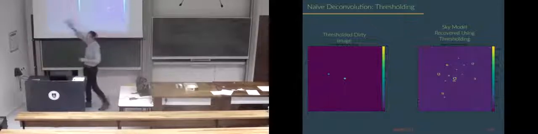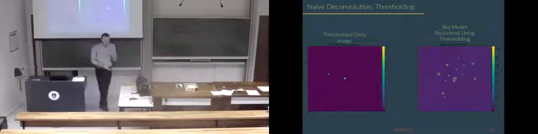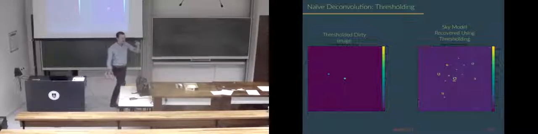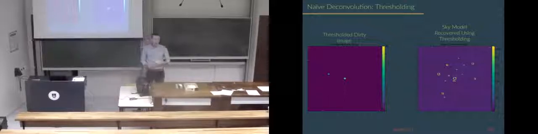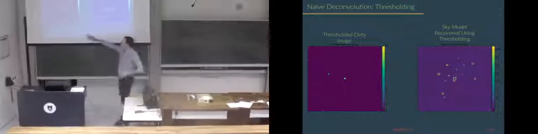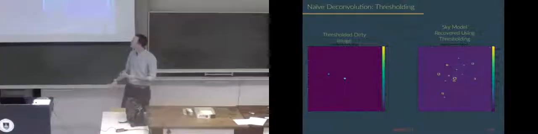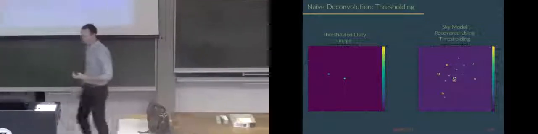The big problem with this is that you have to set the threshold high enough that you only get real sources, which doesn't allow you to get any weak sources, or if you set the threshold too low, it gets into the noise and you can't use the inverse filtering. Either way, this is just not the way forward.